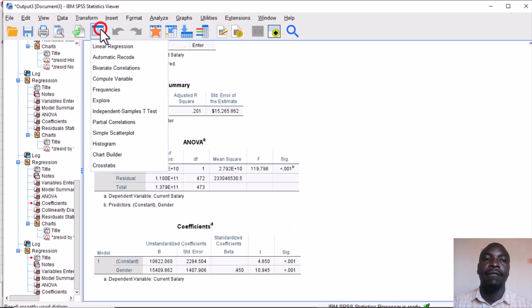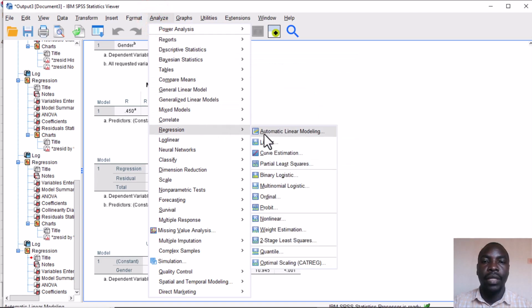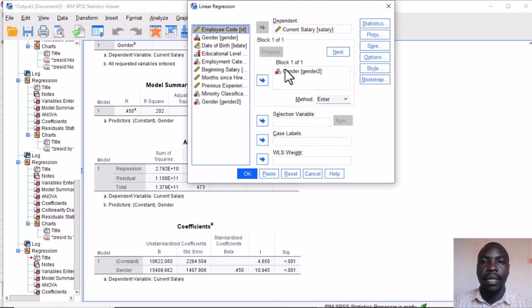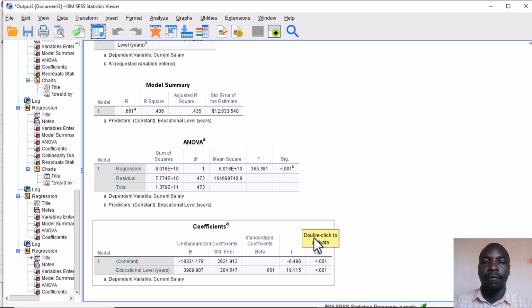We can do that for another variable: analyze, regression, linear regression, and one at a time. So push this back, maybe we can try education level. Okay, then we enter this. We find that the p-value is also less than 0.2. At this stage, we also consider this for multivariate analysis.